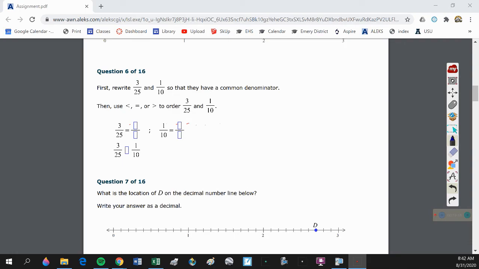All right, question 6. 3/25 and 1/10. So 25 is made up of 5 times 5, and 10 is made up of 5 times 2. What does my common denominator have to have? 2 5s and a 2. So the biggest number of 5s and the biggest number of 2s. So 2 5s and a 2 makes 50.